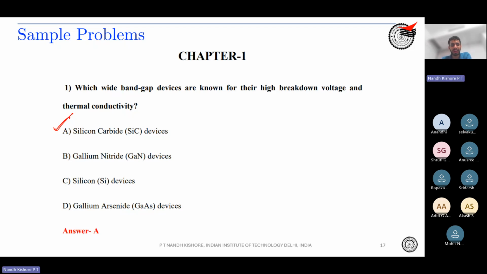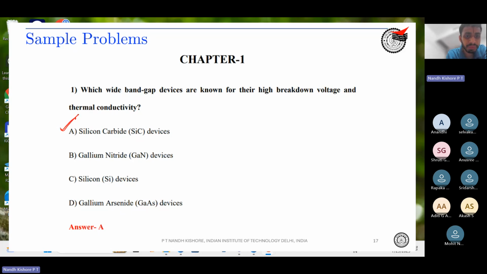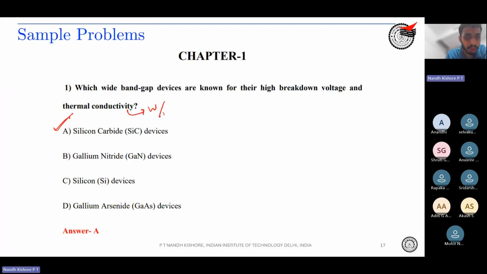Also, if you see the thermal conductivity, it is typically expressed in watt per meter Kelvin, or even watt per meter degree Celsius. It indicates how much the device is able to dissipate heat.